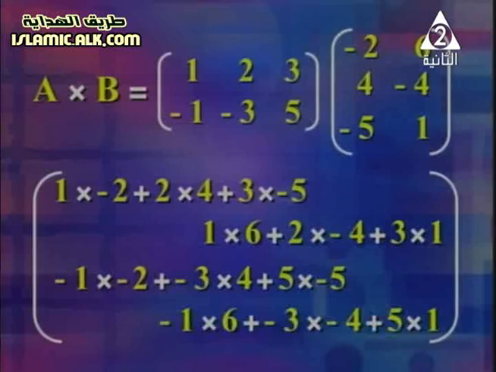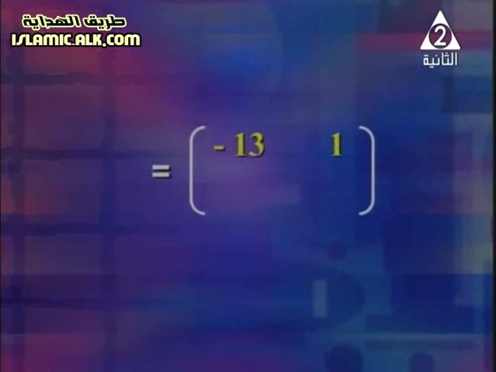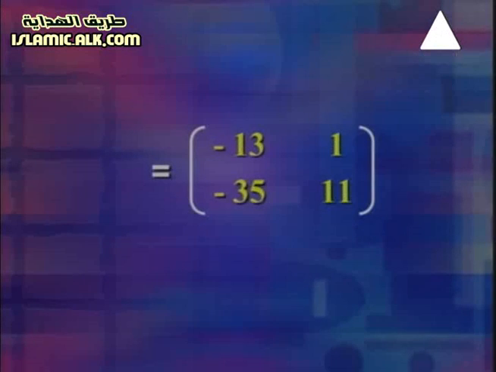Calculate the answer. Then A times B is negative 13 1, negative 35 11. This is the product of two matrices A and B.